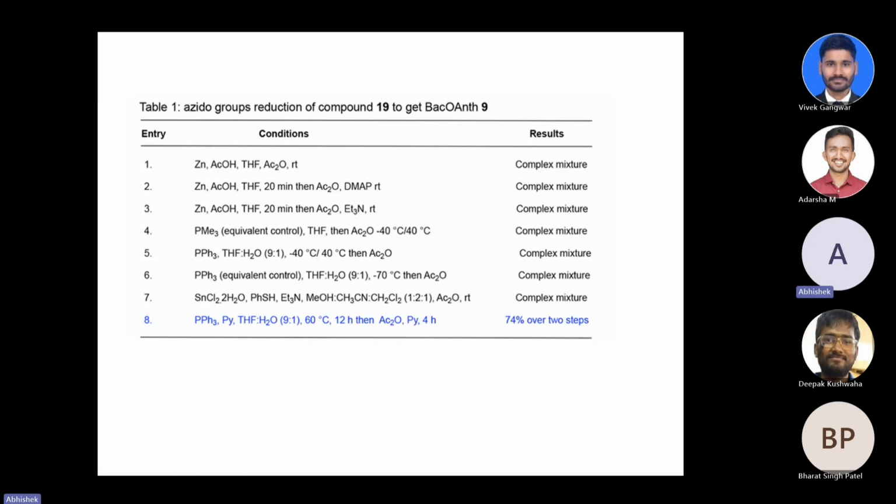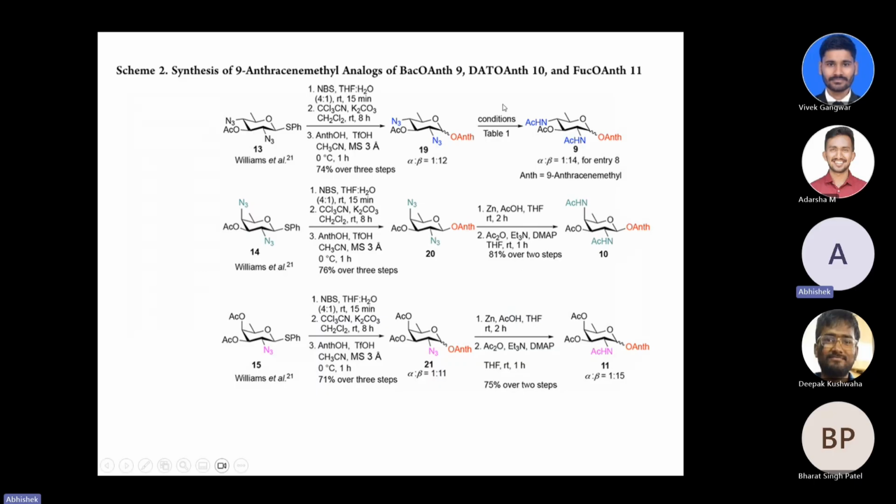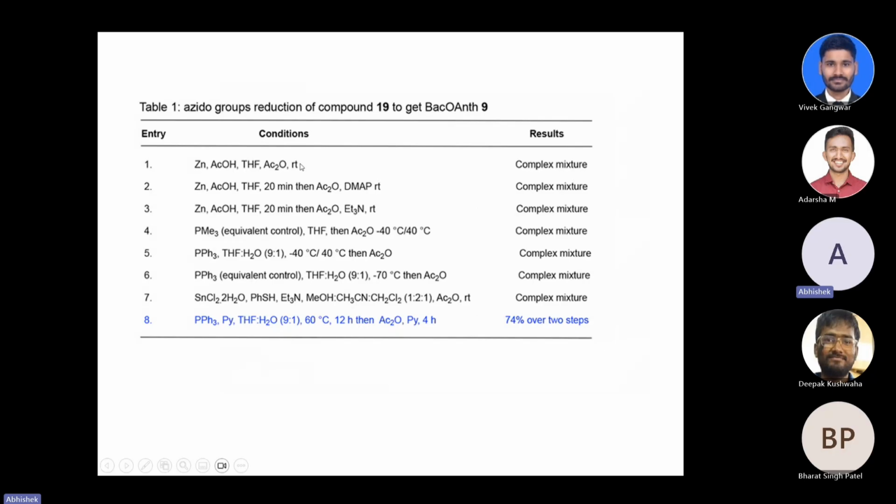And this is table one for reducing azide to NHAc. He changed the reagent, starting from zinc and acetic acid to PPh3, and he also did it with stannic chloride.